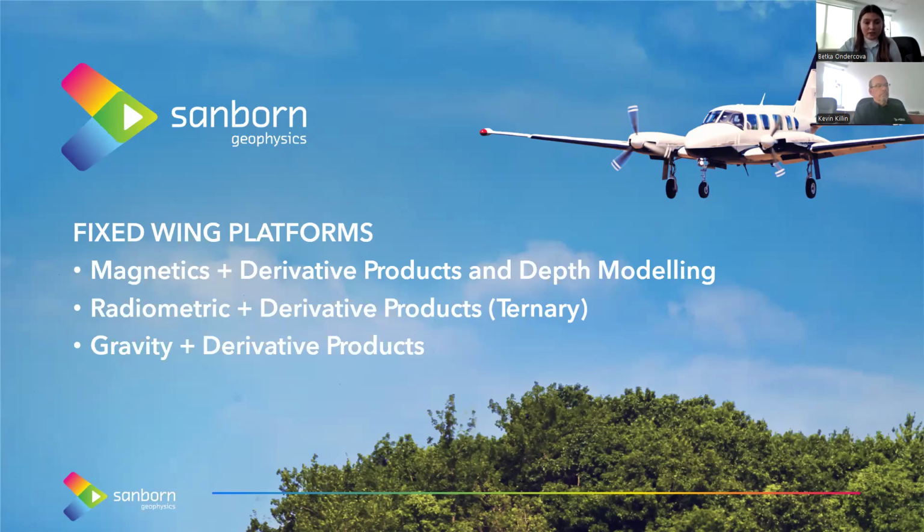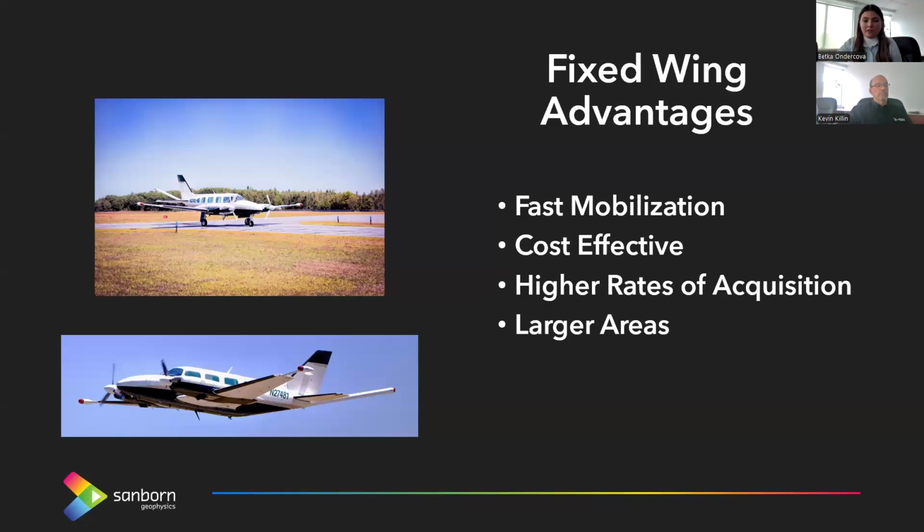And for these survey products, we can also identify derivative products from the data we collect. So the advantages of the fixed wing surveys are that Sanborn owns and maintains the large fleet of aircraft, allowing us to quickly mobilize in areas in North America.